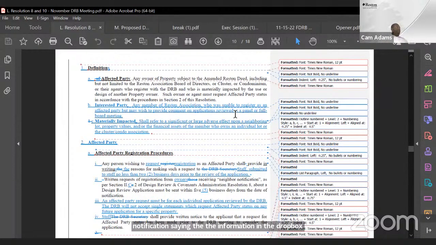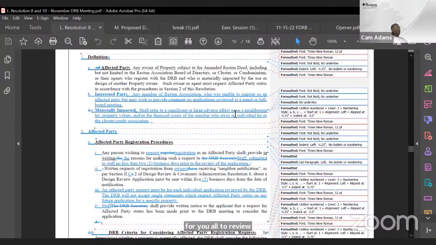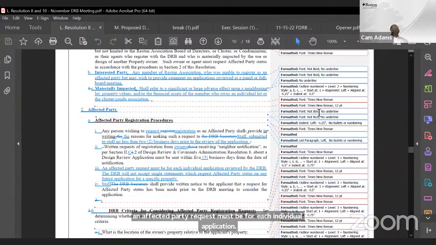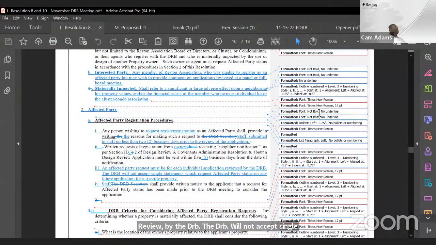Additionally, in section 3, an affected party request must be for each individual application reviewed by the DRB. The DRB will not accept single statements which request affected party status on any future application for a specific property. This was established to prevent blanket affected party statements. We've had several members say, I want to be an affected party on every single application that comes from property X, and we want to avoid that.